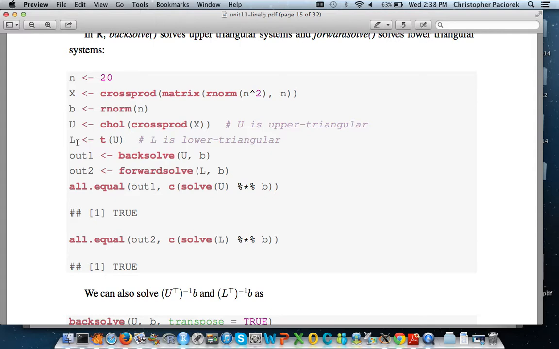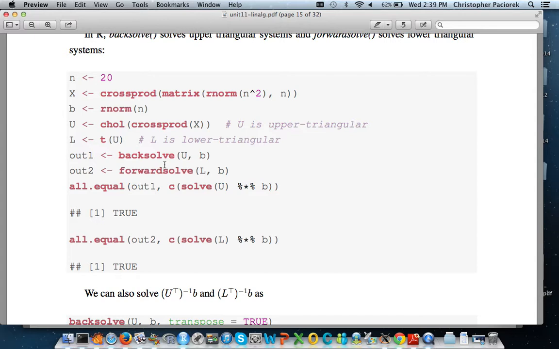Assume I have an upper or lower triangular matrix, and I want to solve either UX equals B or LX equals B. If I have an upper triangular matrix U, then I do the backsolve by calling the backsolve function on U and B. And if instead I had a lower triangular matrix, I would be solving a system of equations that looks like that.